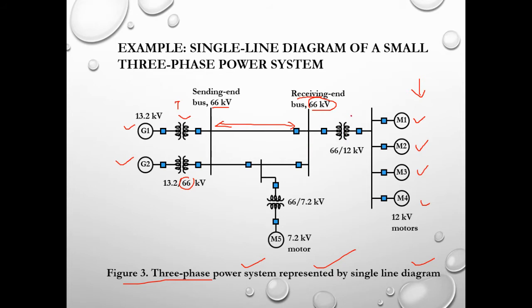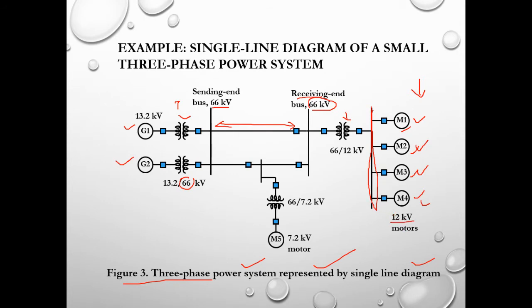And we do have again the step down transformer over here, 60 kV down to 12 kV, and this is but another bus bar over here, and this bus bar is connected to multiple machines or multiple motors with operating voltage of 12 kilovolt.